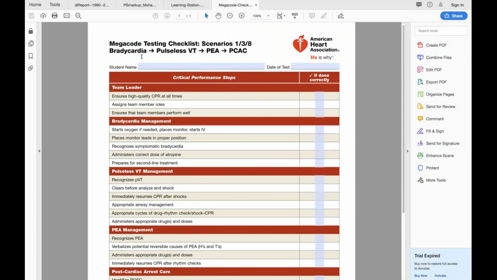As you can see, for me as an examiner, I will follow what you chose. So if your paper became bradycardia, then pulseless VTAC, then PEA, then post cardiac arrest care, this is your pathway.